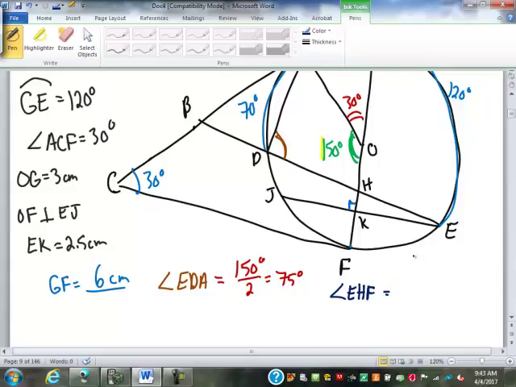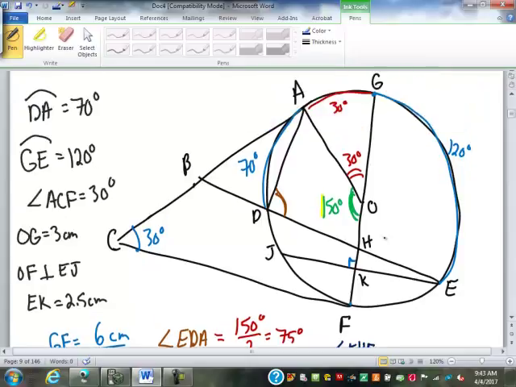Angle EHF. EH, where's F? Right here. This angle, right here, will be the same as this angle. We know that this arc, of course, is how big? 170 plus 30, right? 100 degrees. Do we know this arc right here?